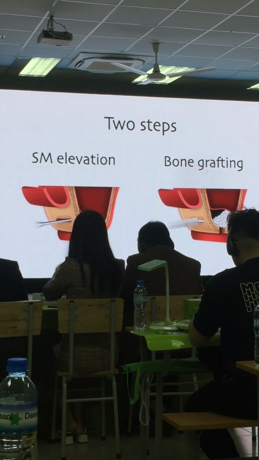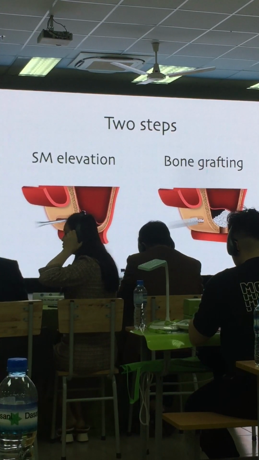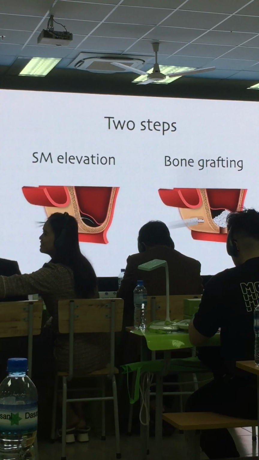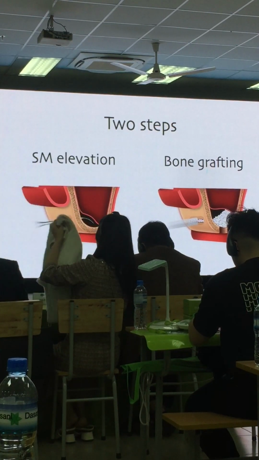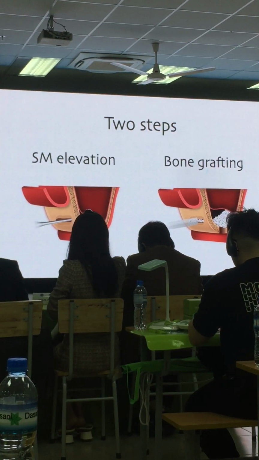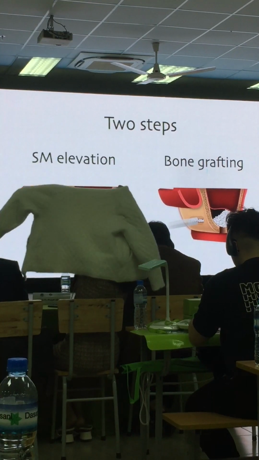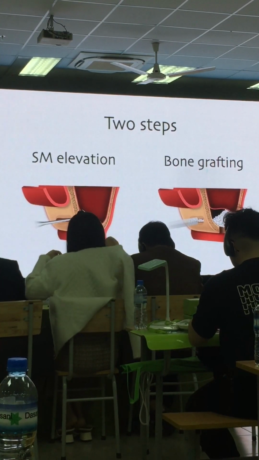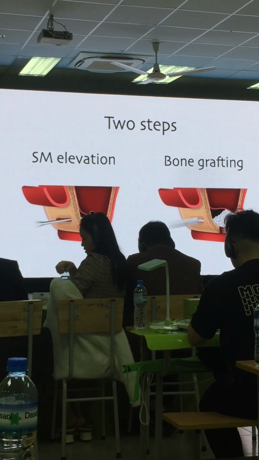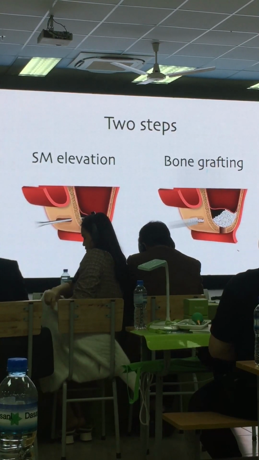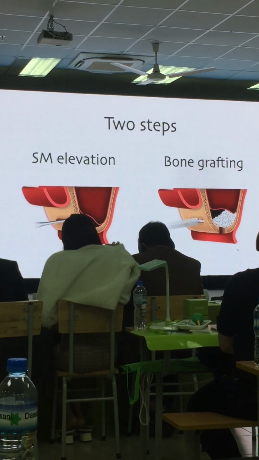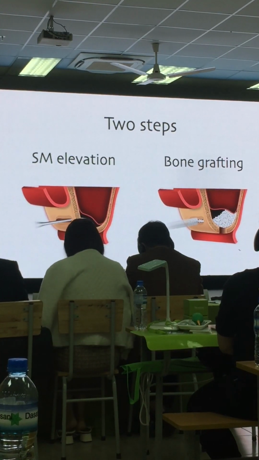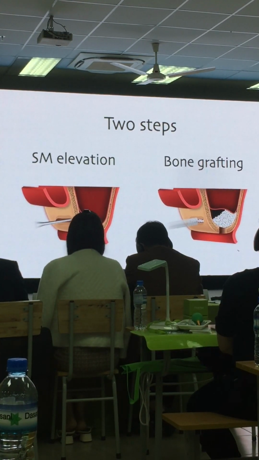The sinus augmentation procedure has simply two steps: elevation of the sinus membrane and bone grafting. The most difficult part of this procedure is not to perforate the sinus membrane. Therefore, it is necessary to learn more about the sinus membrane.